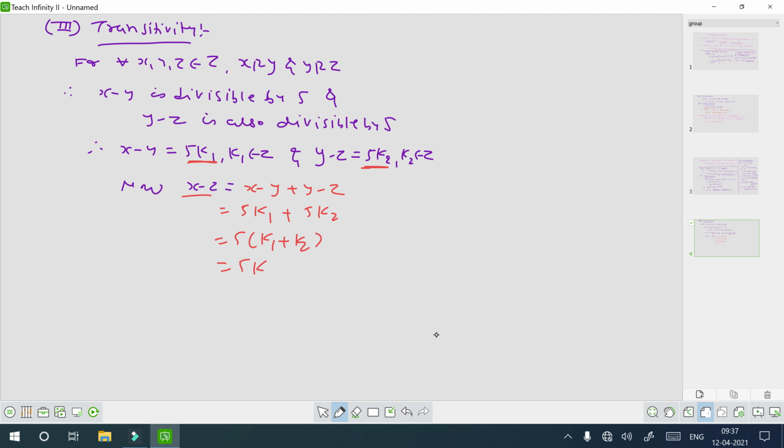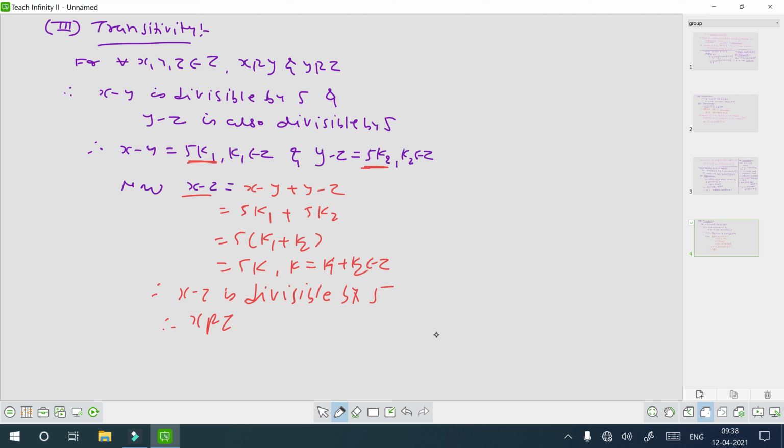Let us call it 5k, where k is equal to k1 plus k2, because the sum of two integers is also an integer. So therefore x minus z is divisible by 5, and therefore x R z.